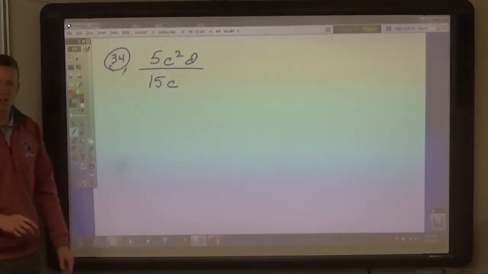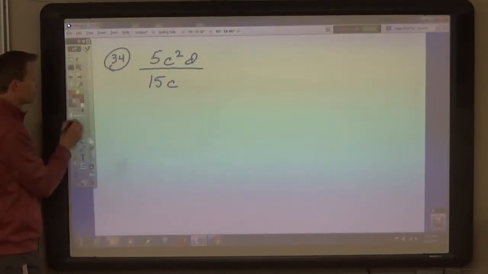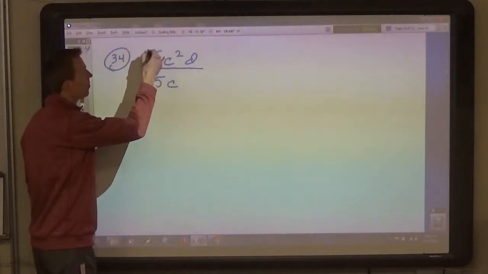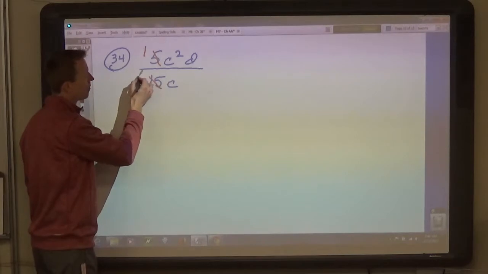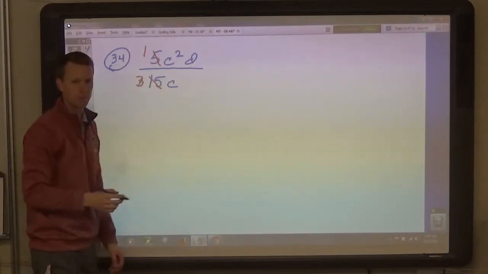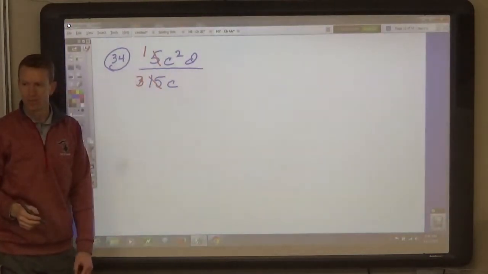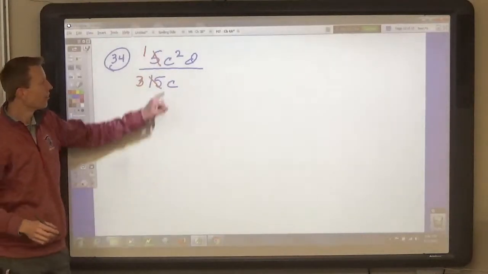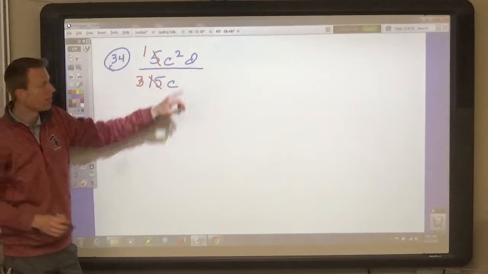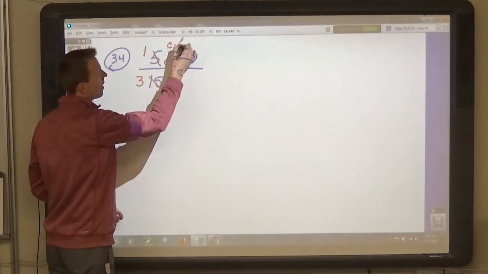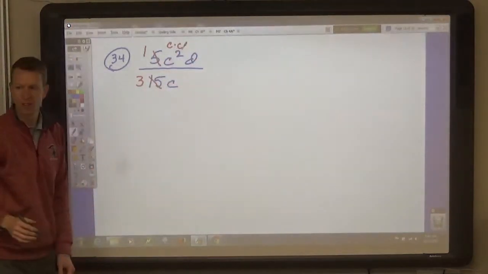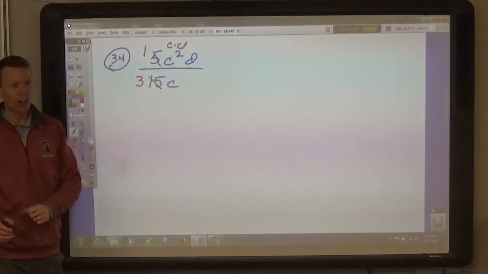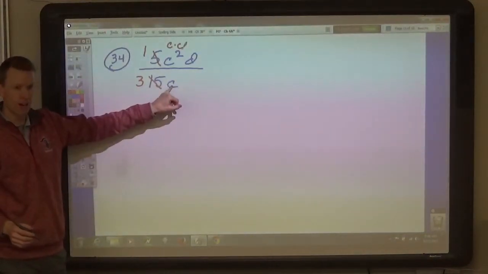What can we take out of these? Well, we can do the 5 and 15, divide them both by 5, and then 3. And with the C, we can make it just a normal C, because we're taking off one of the C's. Look here, Asa. There's 2 C's on this line, because this is C times C. And you're only going to cross out one of them, because there's only one on the bottom.